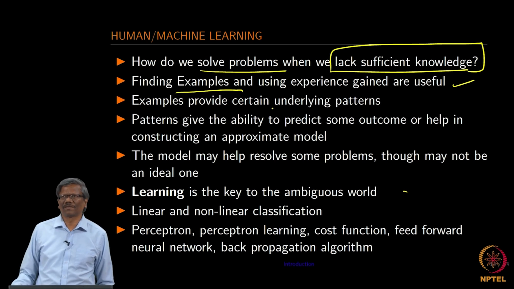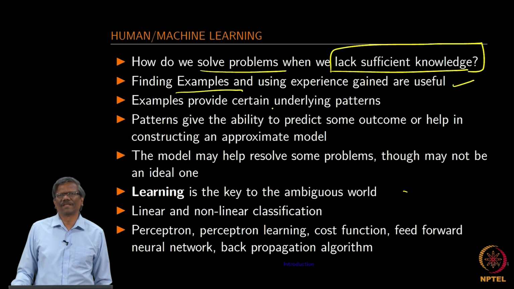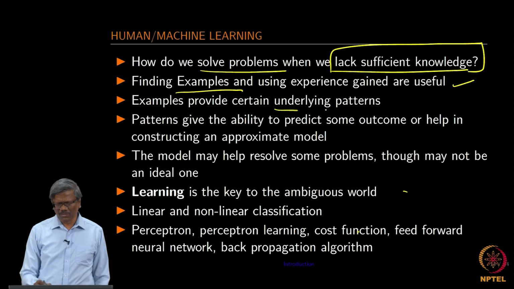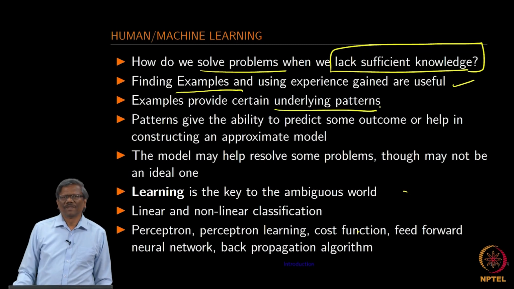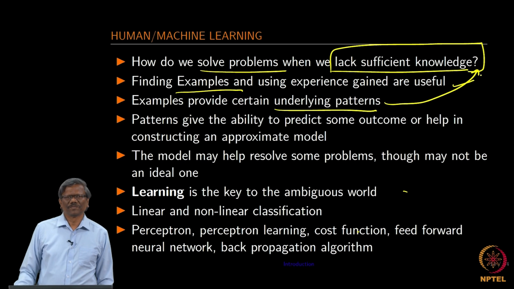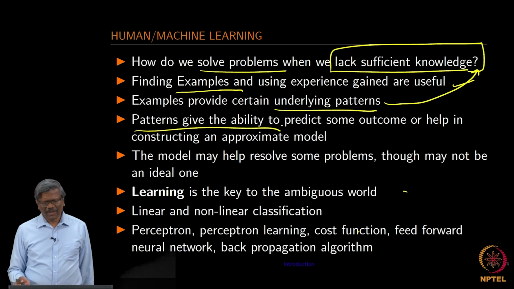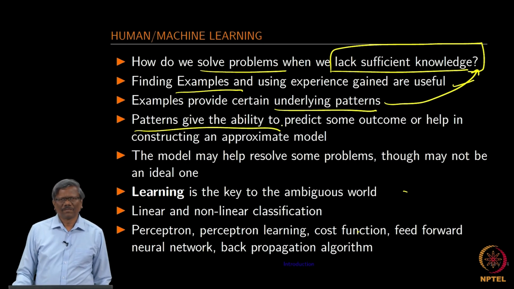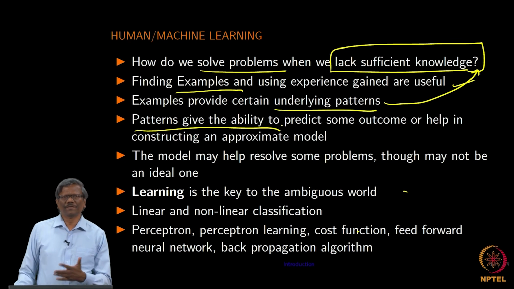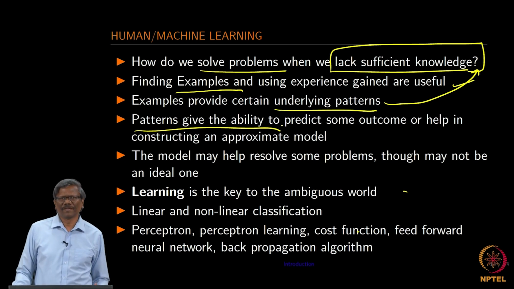Those are the examples that are already there, so we can look at some underlying patterns in those and then try to fill in the missing information using those patterns. These patterns give us the ability to predict some outcome. A pattern always would give you this ability.